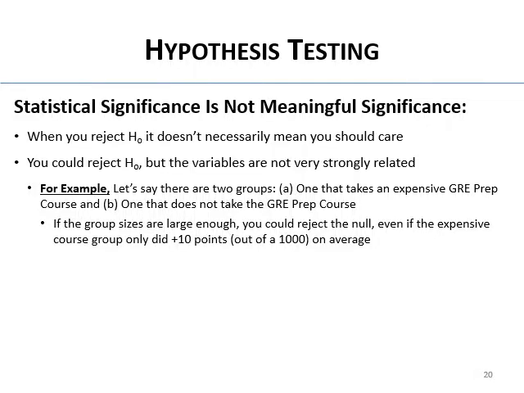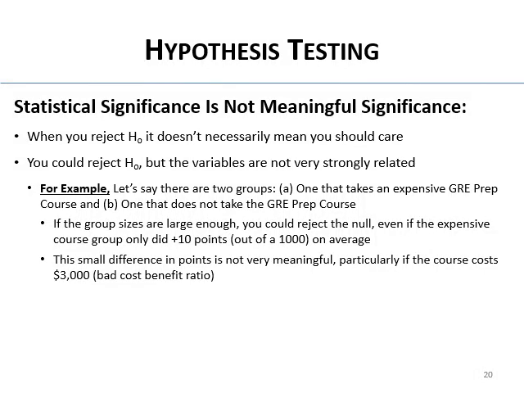It's not much, okay? So yeah, the course improved their scores, but not by any sort of meaningful amount. This is where it's statistically significant, but not meaningfully significant. So, I mean, this is sort of a cost-benefit thing, right? So this small difference in points is not very meaningful because the cost is high for the course. So statistical significance does say, yeah, there's a difference, but doesn't necessarily mean you care.